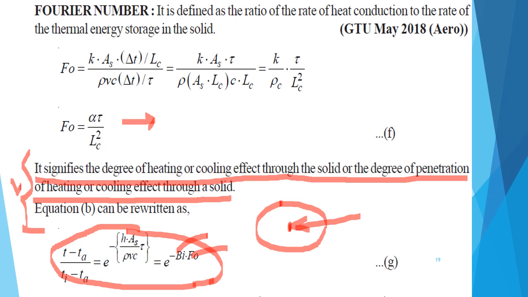T is the temperature of the solid body at any time tau, Ta is the surrounding fluid temperature, Ti is the initial temperature of the solid, h is the convection heat transfer coefficient of the surrounding fluid, As is the surface area of the solid body, rho is the density, V is the volume, C is the specific heat of the solid, tau is the time, and that equals e raised to minus Biot number into Fourier number.